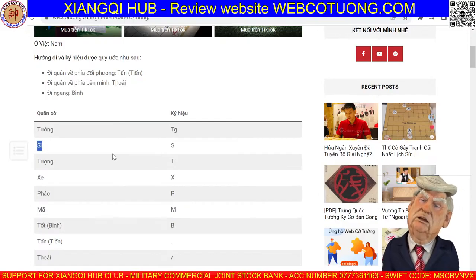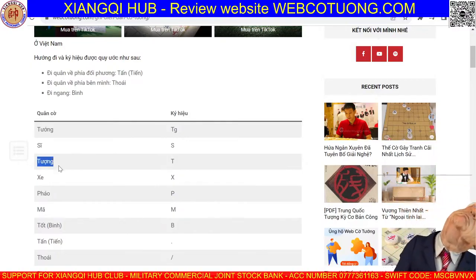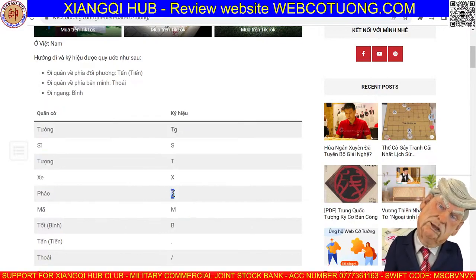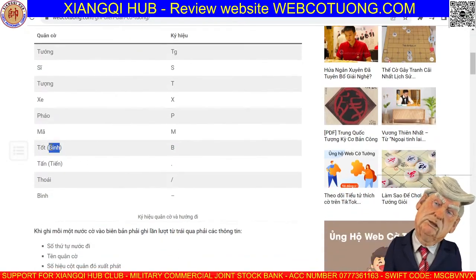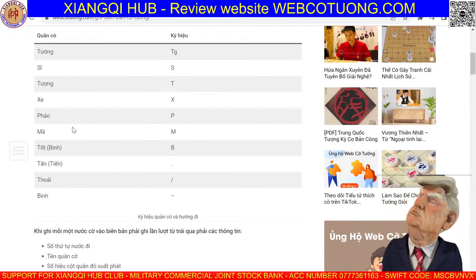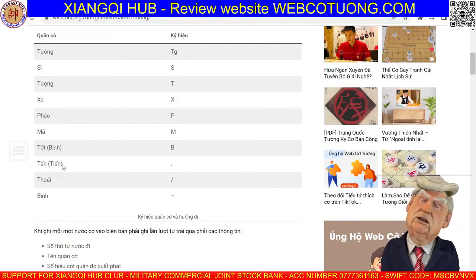For advisor in Vietnamese they call it S. For elephant we use T, and for chariot they use X. And for the cannon Vietnamese use P. For horse Vietnamese use M. And this is for pawn in chess, and they put in P.